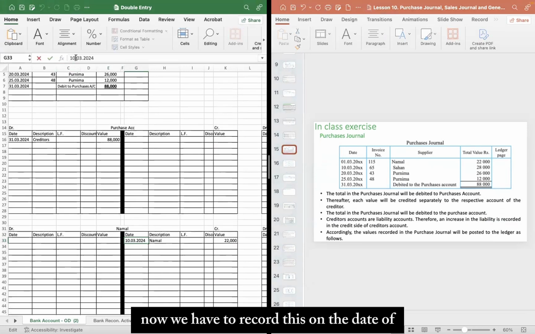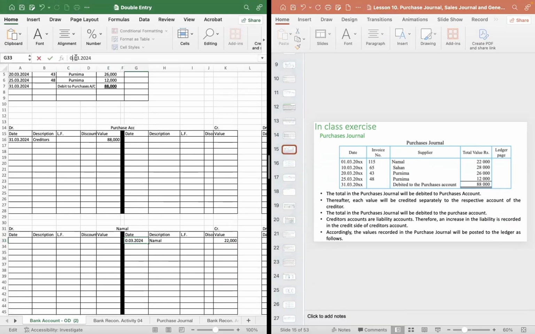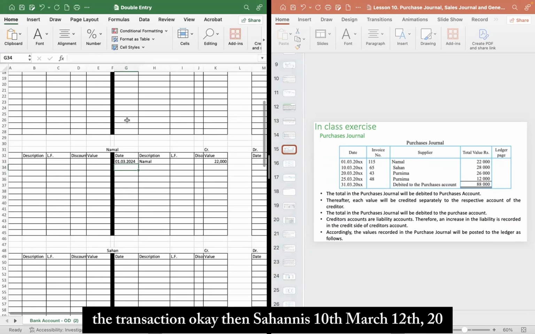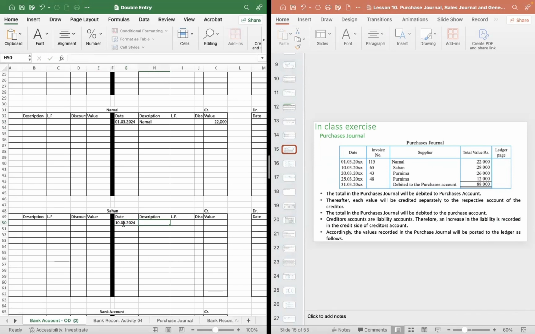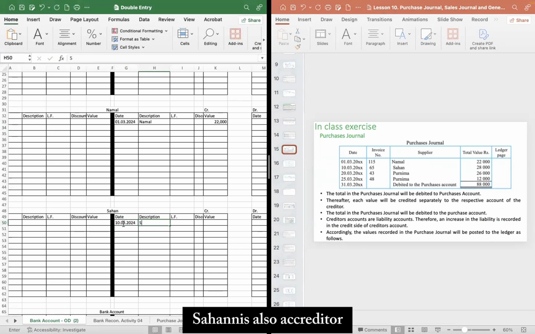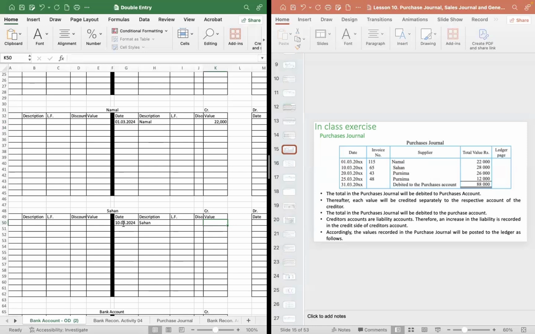We have to record this on the date of the transaction. Sahan is 10th March 2024. Sahan is also a creditor, 28,000.